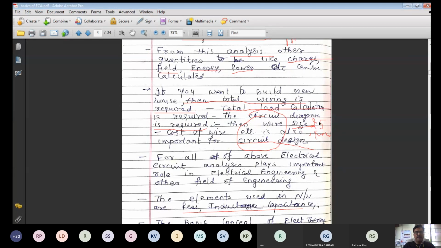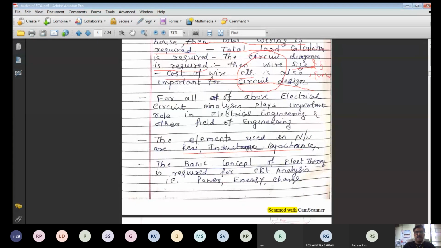Depending upon the size of the wire, we have the cost of the wire. Finally, the important part is cost. While calculating the cost of the wire, we require the size of the cable. For calculating the size of the cable, we require the current. And for finding the current, we need to analyze the circuit. That is the important point.